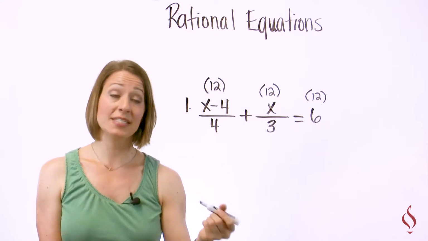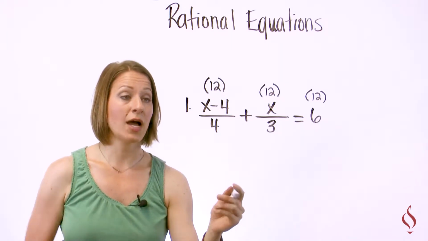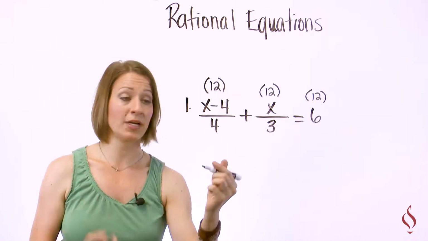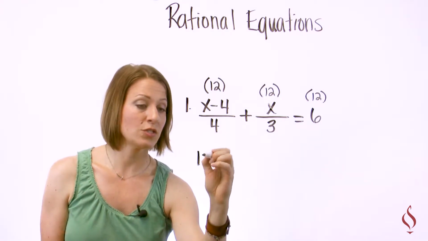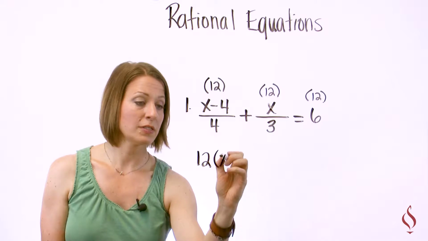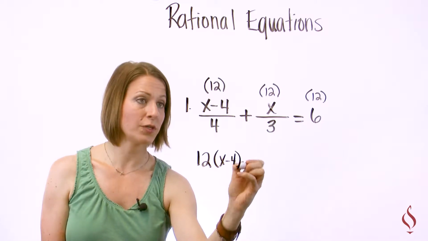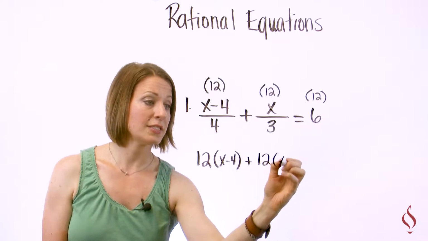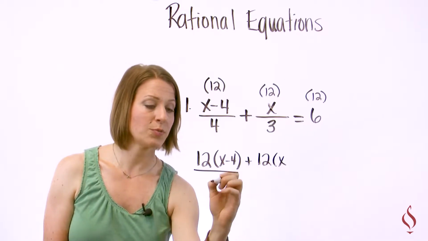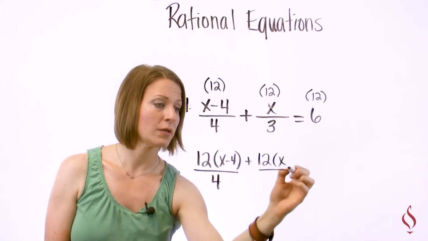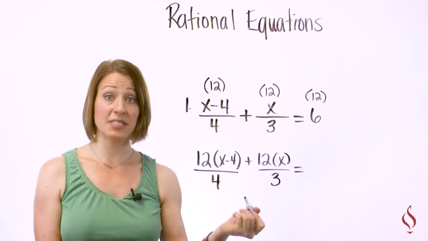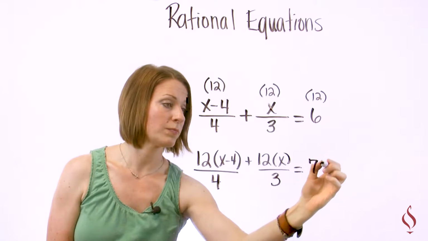Okay, so next I want you to write the 12 next to the numerator, because each of these are being multiplied to the numerator. So this will be 12 times x minus 4 plus 12 times x, whoops, forgot to put my little denominator, equals 12 times 6 is 72.